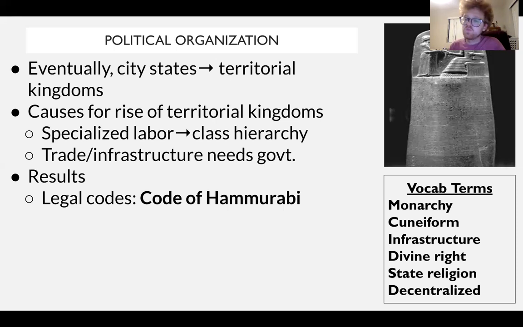And as a result of the rise of territorial kingdoms, we're going to start to see complex ways that people organize their political societies. We are going to start to see the invention of legal systems, legal codes, laws that make society work. And the most famous example is the Code of Hammurabi.